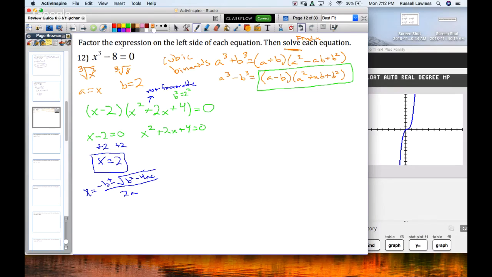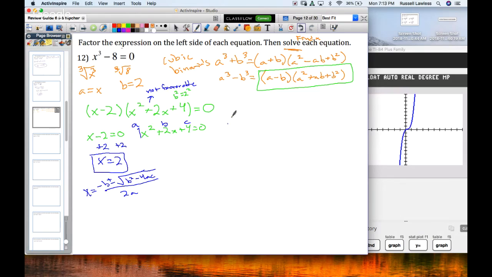So we're using that quadratic equation here. To solve this, identify your values. 1 is our a value, 2 is our b value, and c is 4.